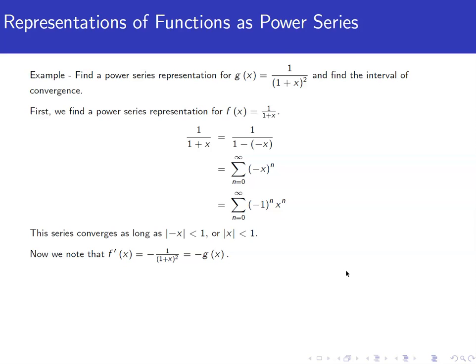All right, so we're going to get a power series representation for 1 over 1 plus x quantity squared. Well, we note that if I take the derivative of f of x, I get the negative of 1 over 1 plus x squared, which is the negative of g of x.